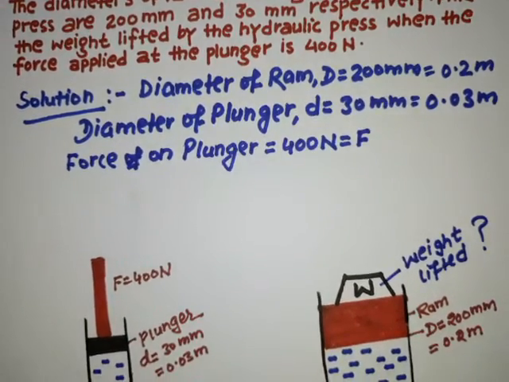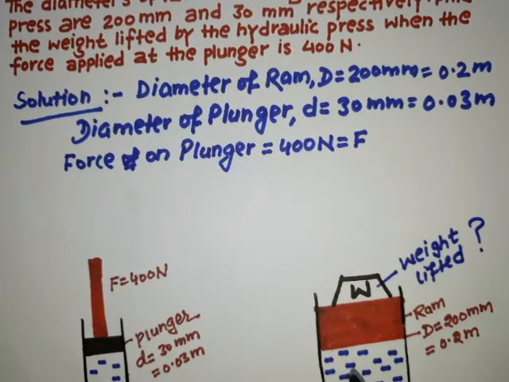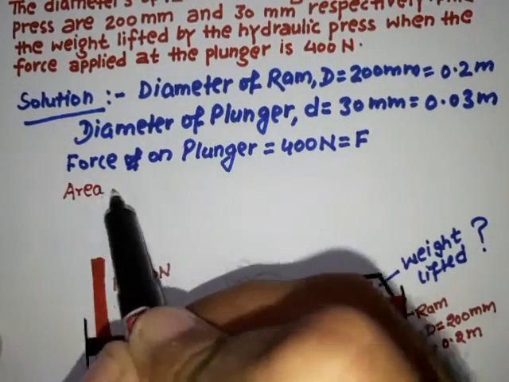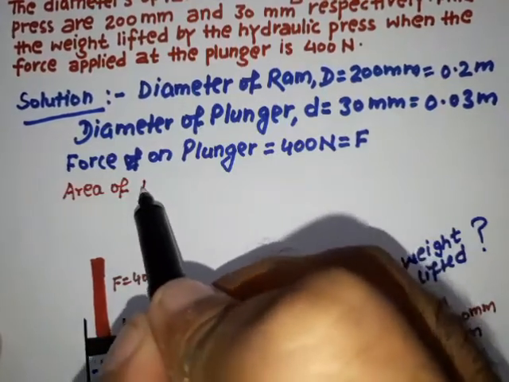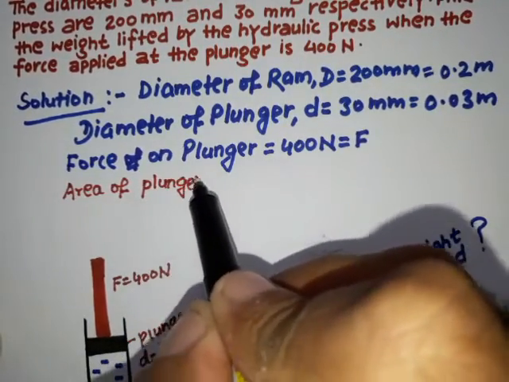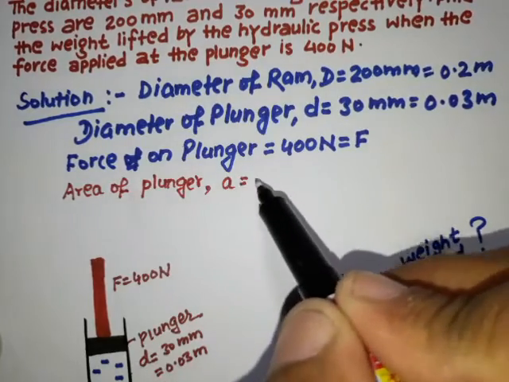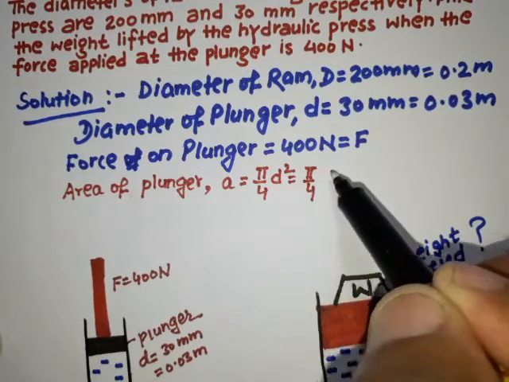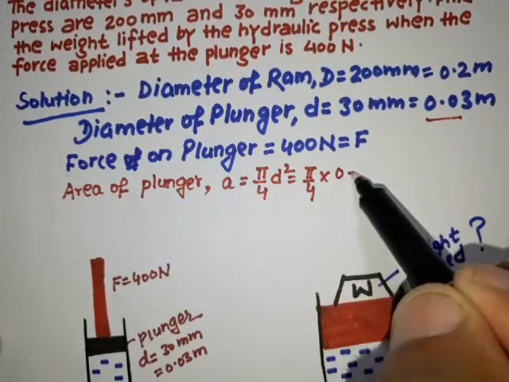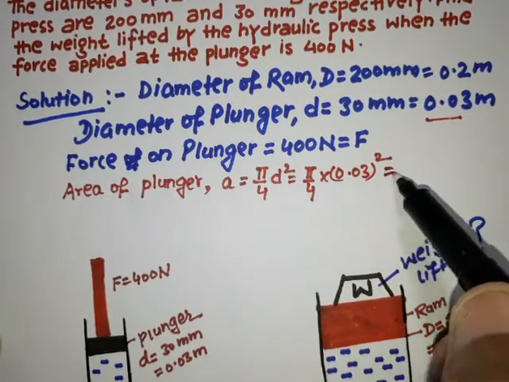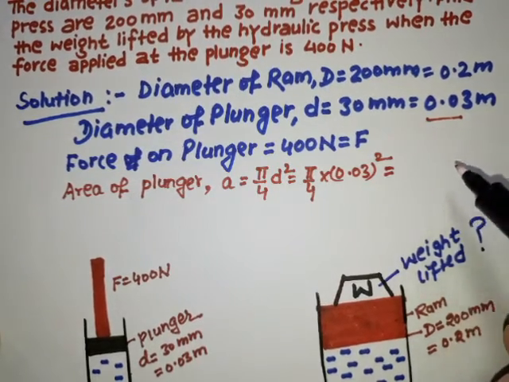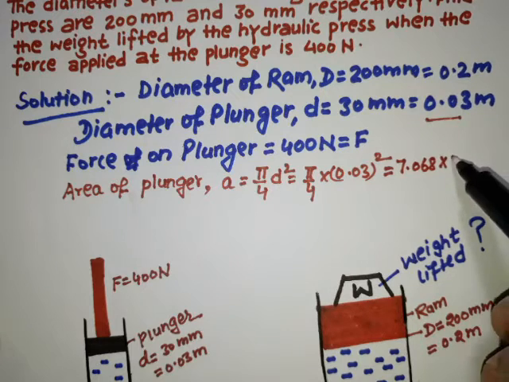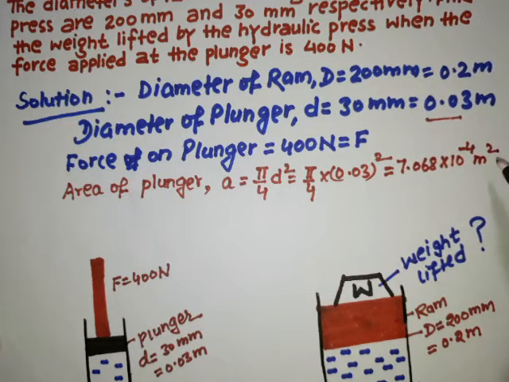Firstly we need to get the area of both plunger and ram. So now area of plunger, that is small a, equal to pi by 4 small d square, that is pi by 4 into 0.03 whole square, and after making calculation we get 7.068 into 10 raised to power minus 4 meter square.